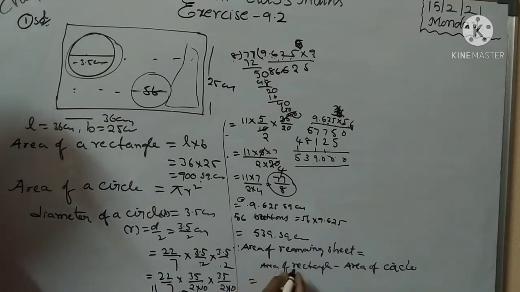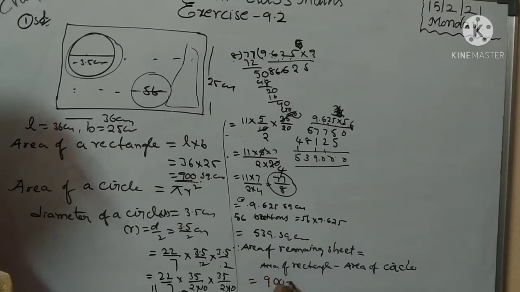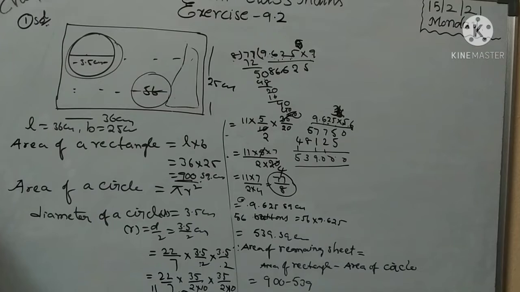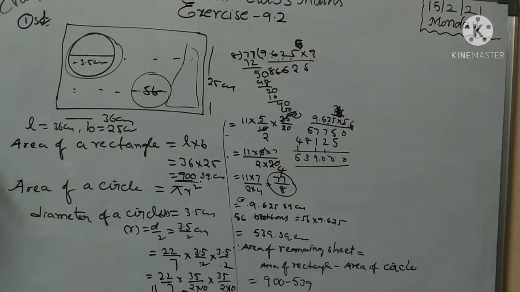How much is the area of the rectangle? Area of the rectangle is 900 minus 539. So 900 minus 539 is equal to 361 square centimeters. Okay. Now the remaining empty sheet is 361 square centimeters.